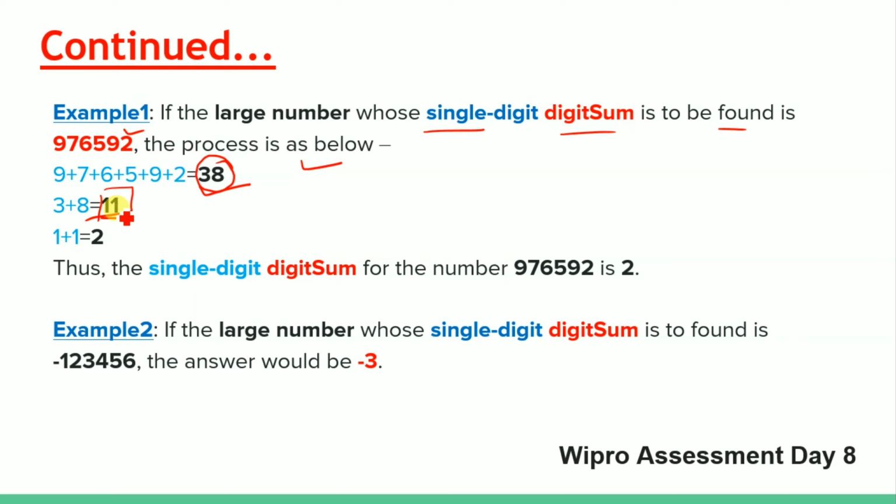Now we add both the digits of 11, so 1 plus 1 equals 2. Here we got a single digit. Thus the single digit sum for the number 976592 is 2.